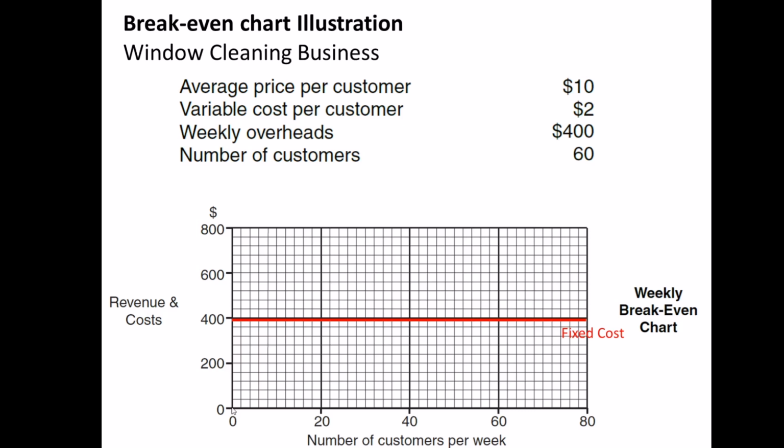And then when we go to 60, which is the output we have sold this week, the variable cost is 120. So go up, somewhere around here. That's your variable cost. If you line the 2 points together, 1 and 2, then you will get your variable cost curve.